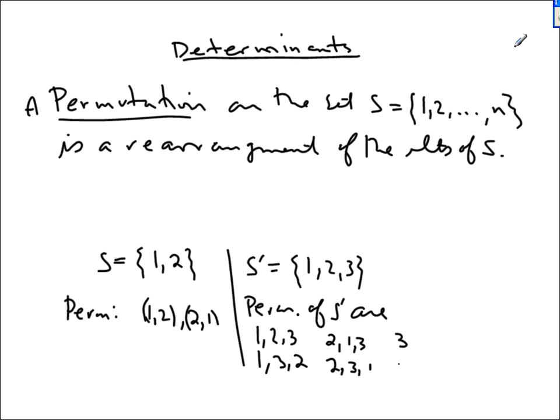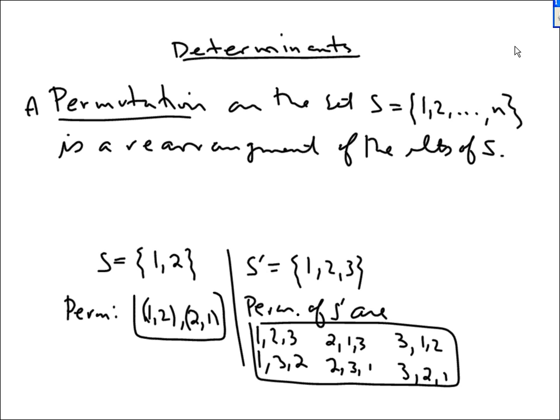Or you can have 3 first, and then 1 and 2, or then 2, 1. These are the 6 permutations on the set S prime, and these are the 2 permutations on the set S. It's just rearrangements of the elements of S. So that's a permutation.